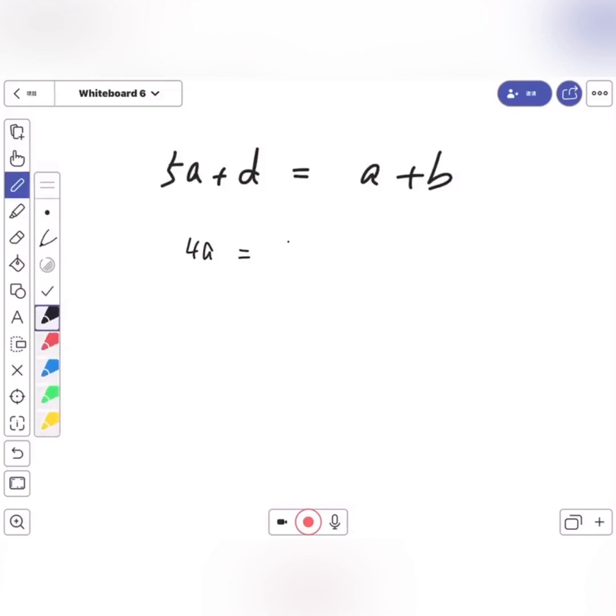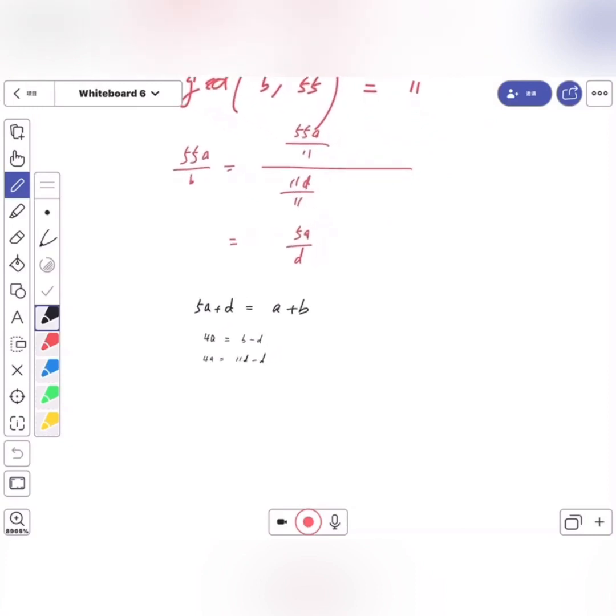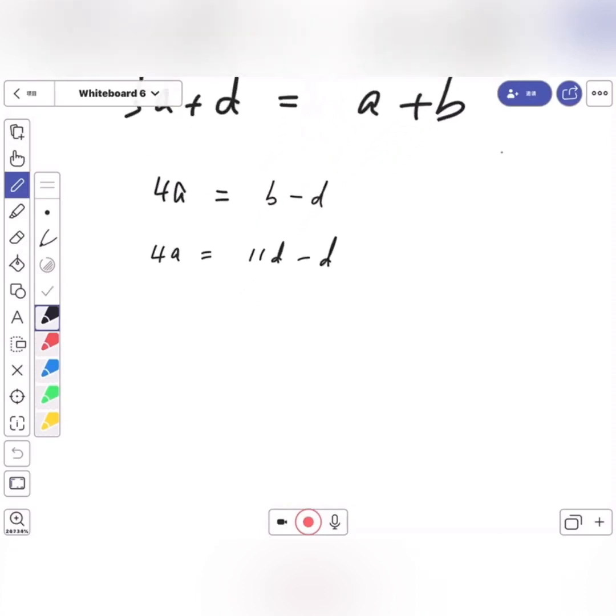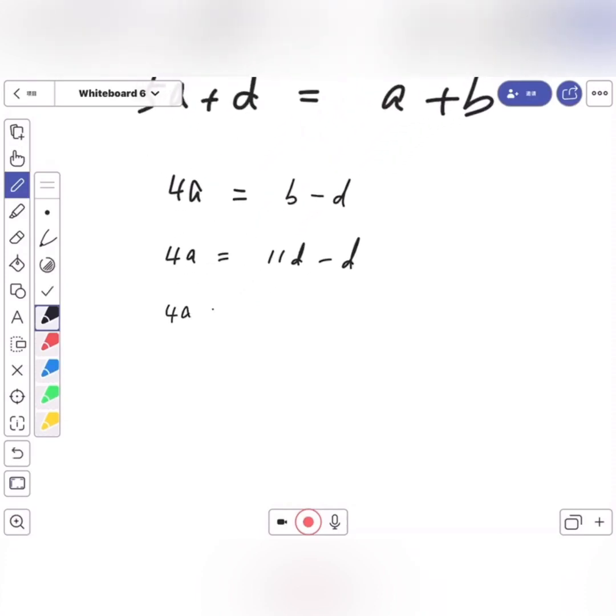Sorry for the mistake. Okay, so now this gives that 4a is equal to 10d.